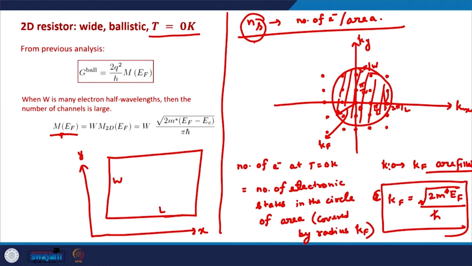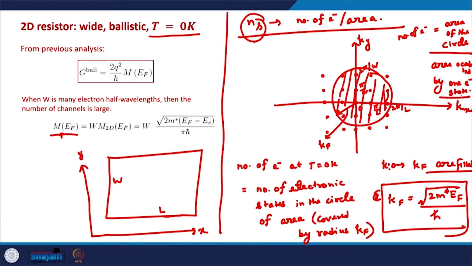Now, how many electrons are there in this circle? The number of electrons will be the area of the circle divided by the area occupied by one electron or one electronic state.